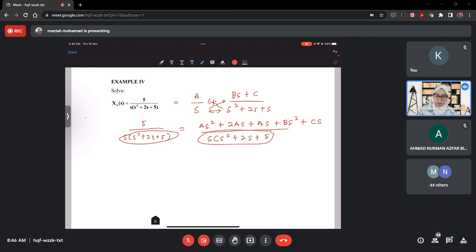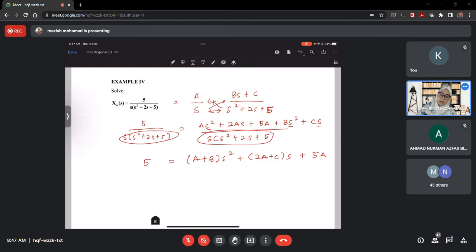So we write 5 equal to, for s square, we have A plus B s square, and then this is not As, this is 5A. So we have 2A plus C s, plus 5A.